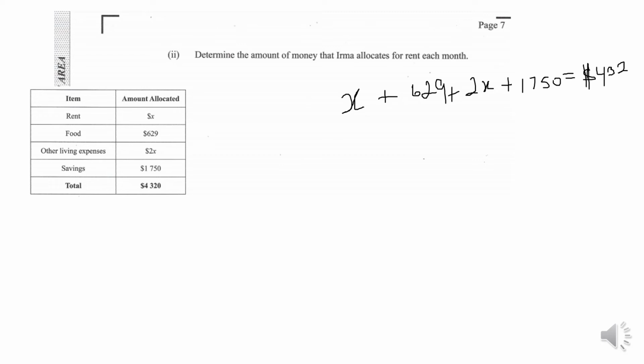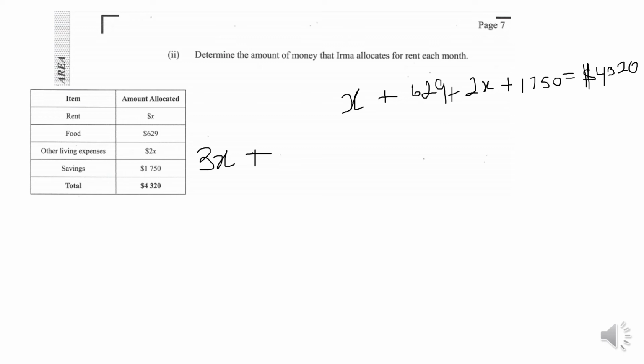All we need to do is solve for X. Let's add. How many X do we have on this side? We have a total of 3X. Plus how many numbers do we have on this side?